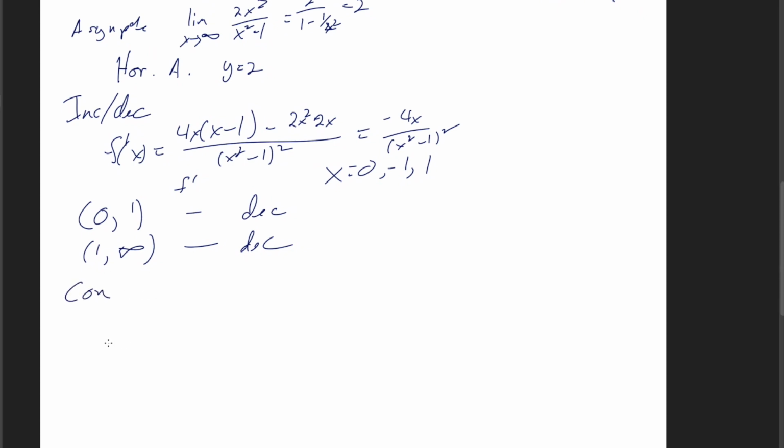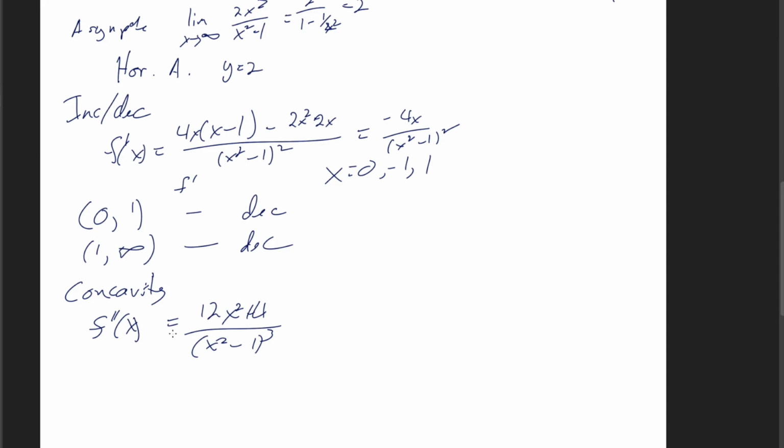So let's look at concavity here. We're going to have to look at f double prime of x. If you crunch through this, it ends up being 12x squared plus 4 divided by x squared minus 1 to the third power.